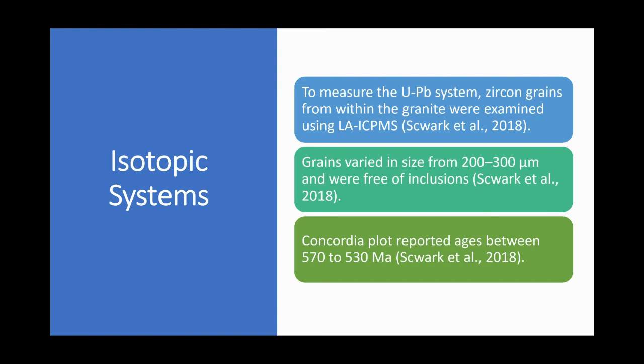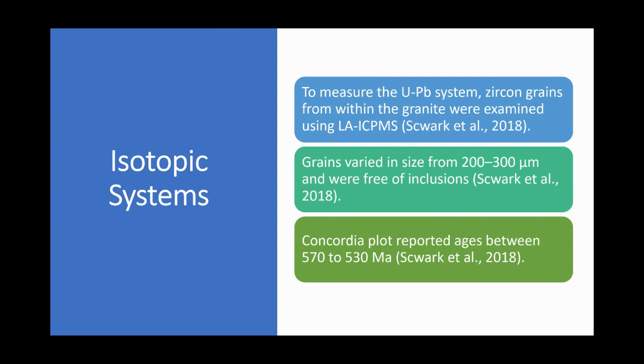The grains varied in size from 2 to 300 micrometers and were free of inclusions. The zircon fractions can be distinguished by the uranium lead systematics, and many of the grains overlap and spread along Concordia, with apparent uranium lead dates ranging from around 570 million years to 530 million years.